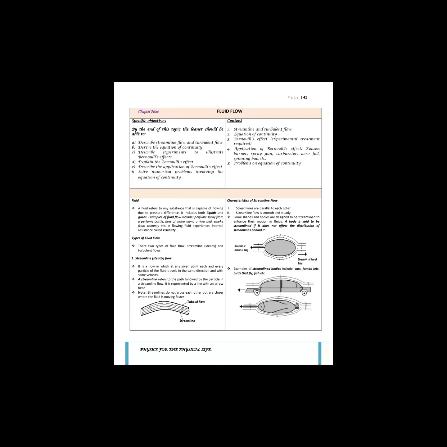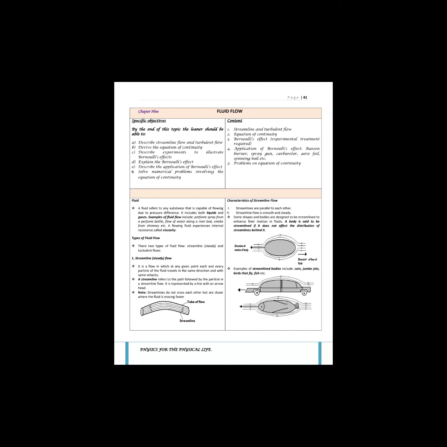We have already mentioned some bodies which are examples of streamlined bodies. You can see the examples on the diagram. We have the fish. You can also see the car.